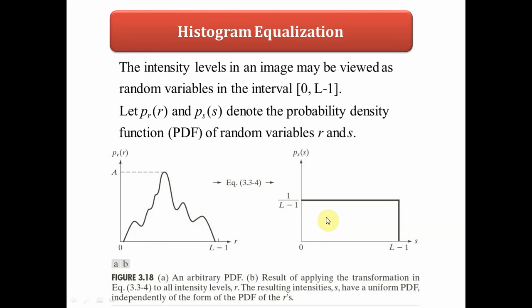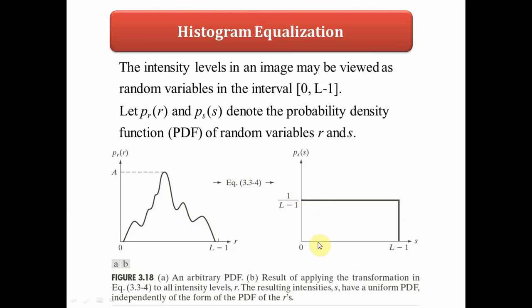Okay, and now if you consider the value for this at s, it is nothing but the slope, 1 upon L minus 1. What is the slope formula? y2 minus y1 upon x2 minus x1. Suppose x1 is 0, x2 is L minus 1, y2 is 1 and y1 is 0.